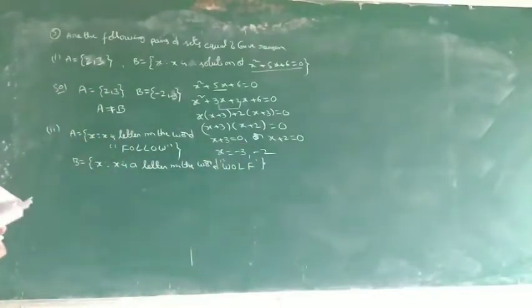B is wolf and A is follow. Are both sets equal sets?